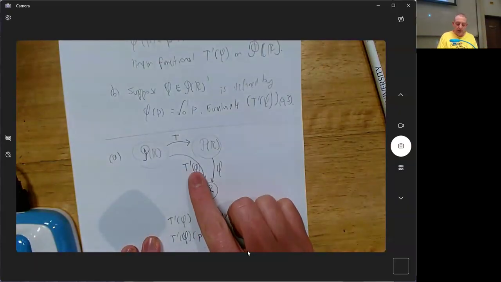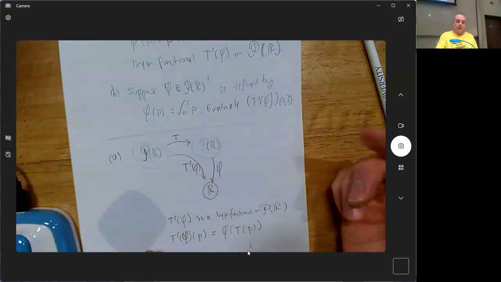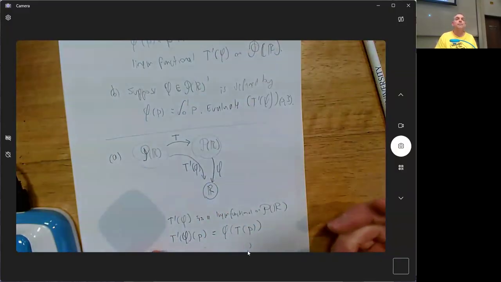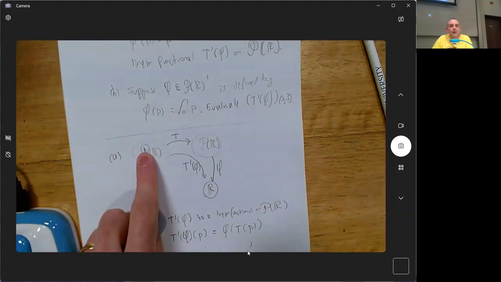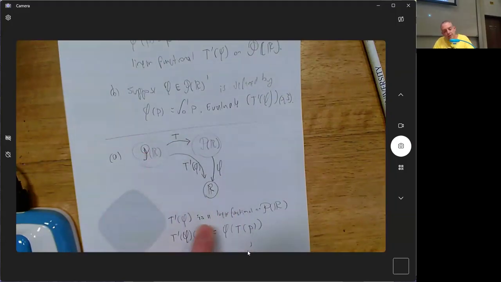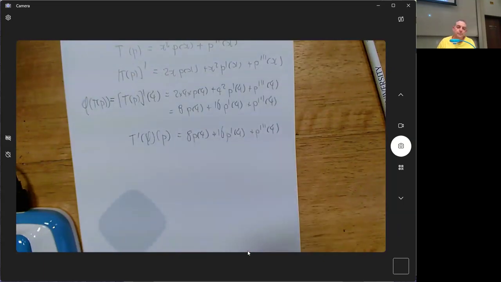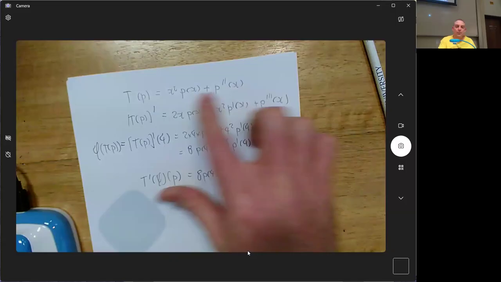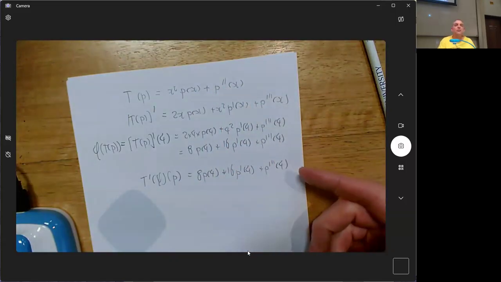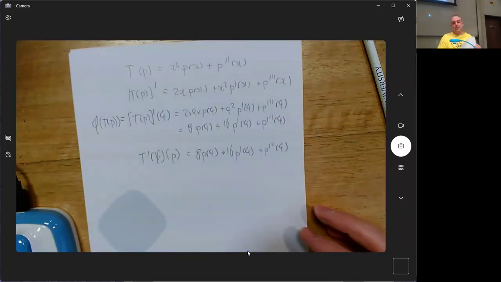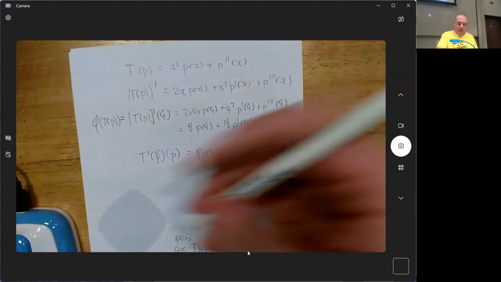T dashed of phi is phi of T of P. Like T dashed of phi enacted upon the thing that's here is phi of T of that thing, and that is this linear functional. And look, this is pretty stupid, so I'm pretty sure it's not going to be anything nice. Okay. It's not edifying, but that's okay.